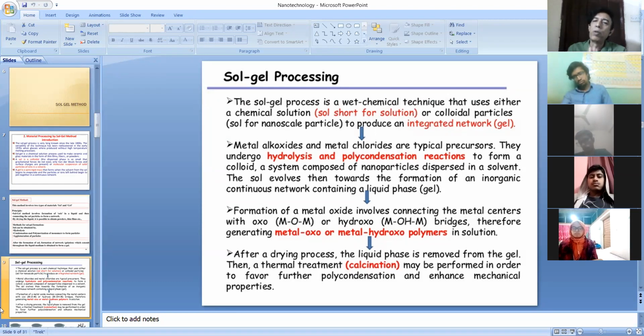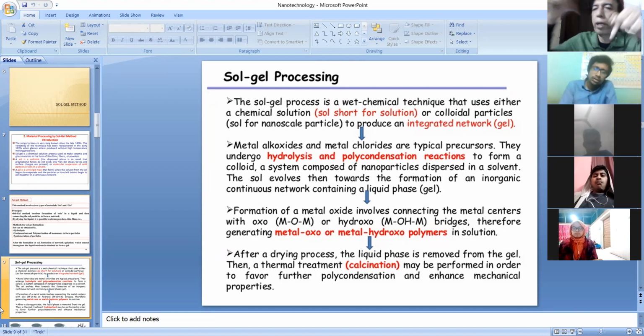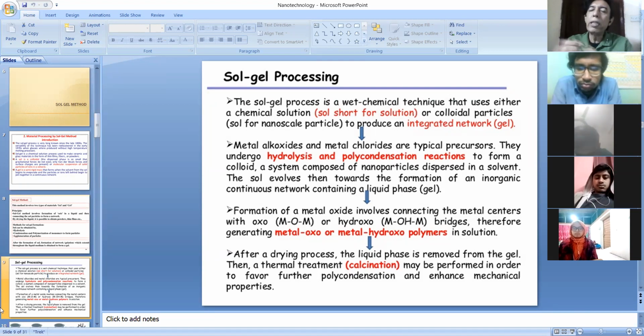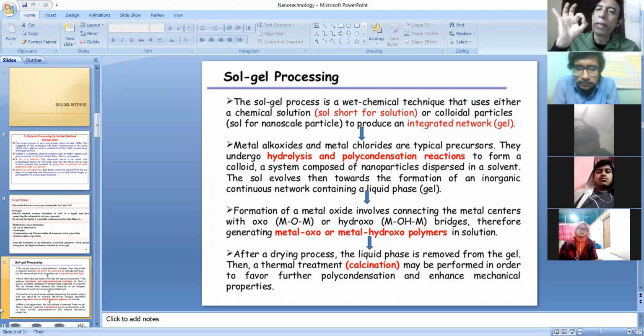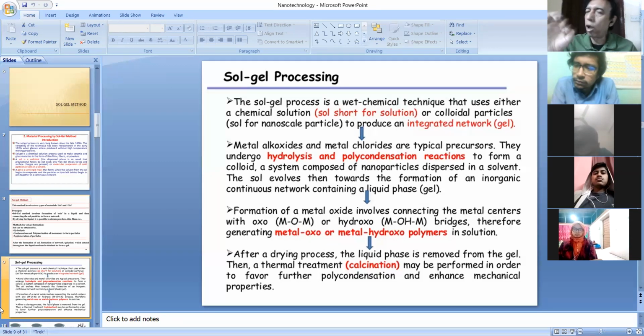Now, what is gel? We have prepared sol. Say, for example, in a beaker, we have placed A and B. A product is formed, C. C is a sol. That means C is a compound with a very small diameter, a nanoscale particle.